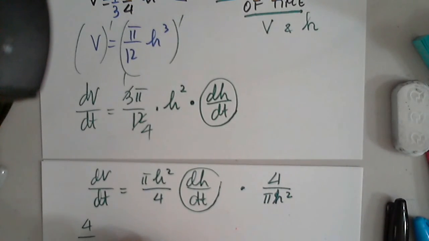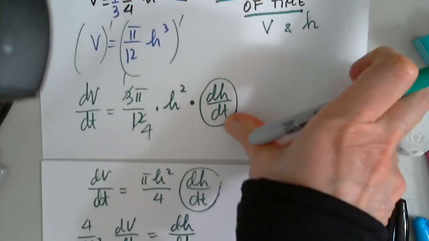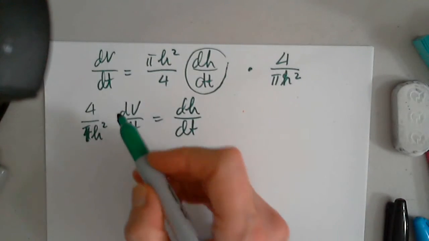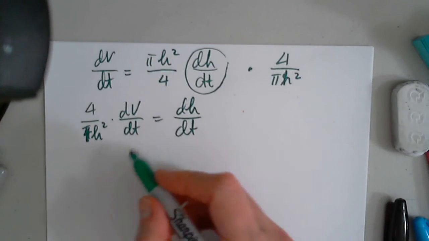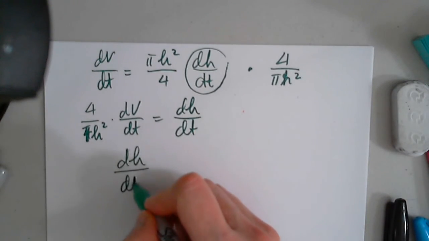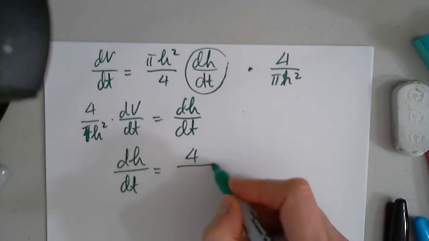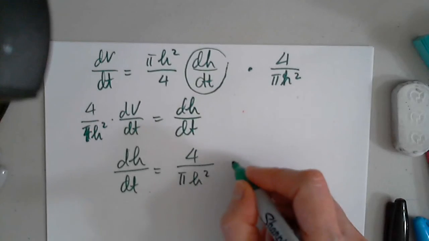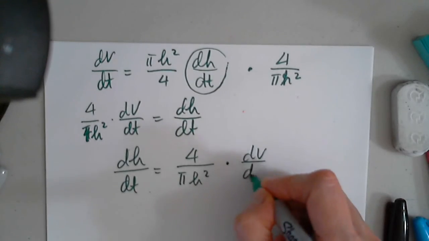So 4 over pi h squared dV over dt equals dh over dt. I will rewrite it from the other side. So dh over dt equals 4 over pi h squared times dV over dt.